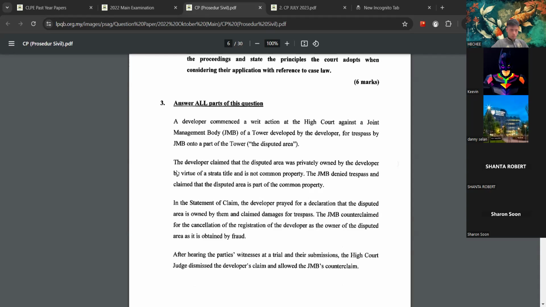So is there any case law? Hong Leong Finance and Stack Hong. What is it about? Maybe I haven't studied this case.